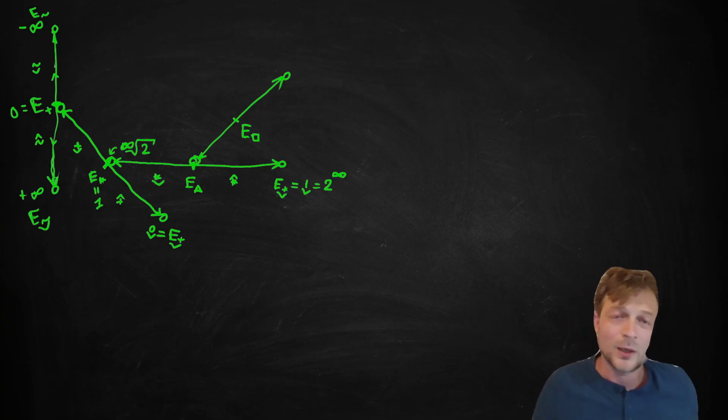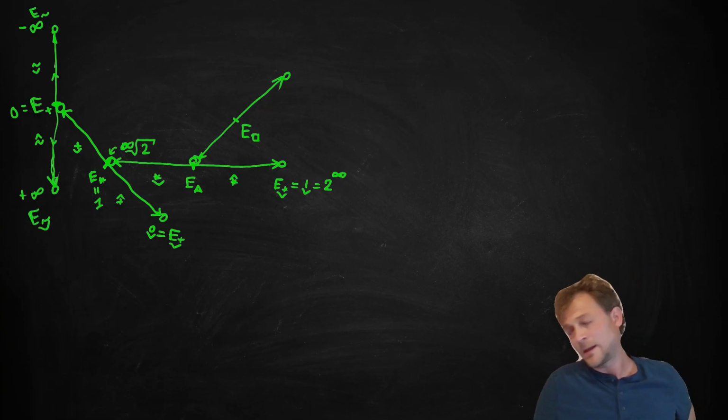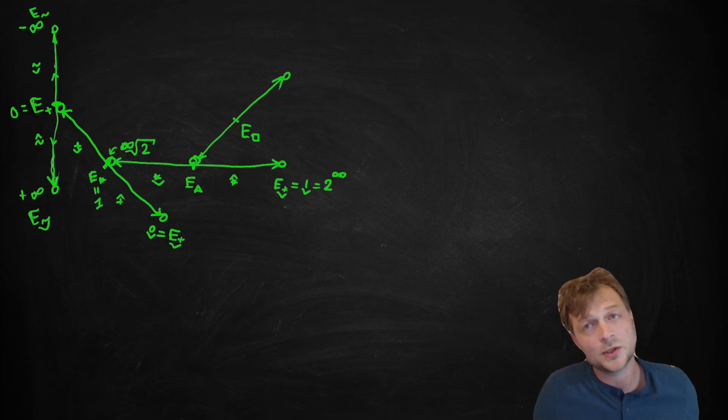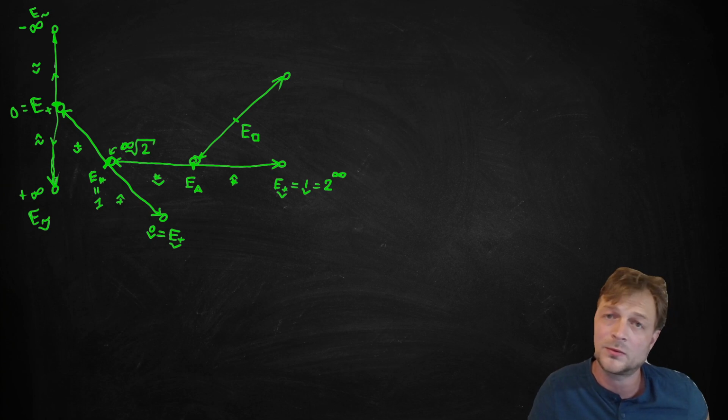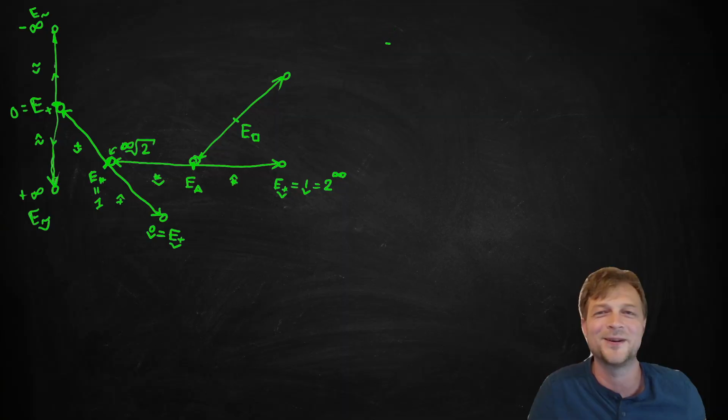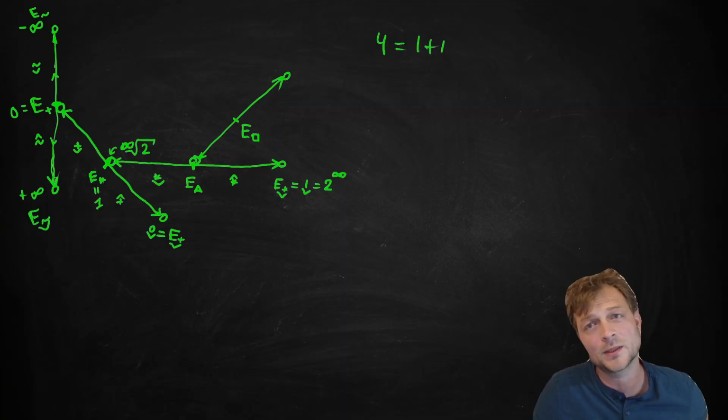But now I want to use this picture to talk about this fact. If we talk about the number 4, we can think of it as 1 plus 1 plus 1 plus 1, but it is also the same as 2 multiplied by 2.